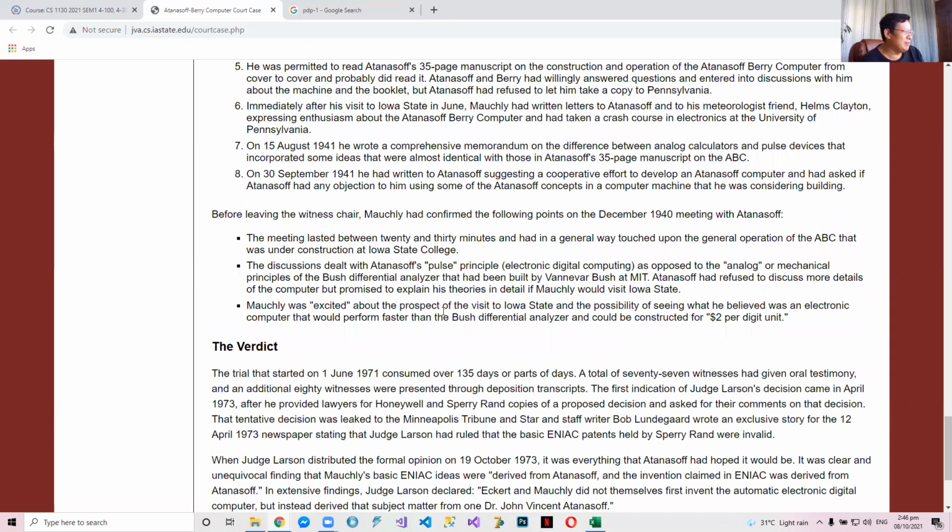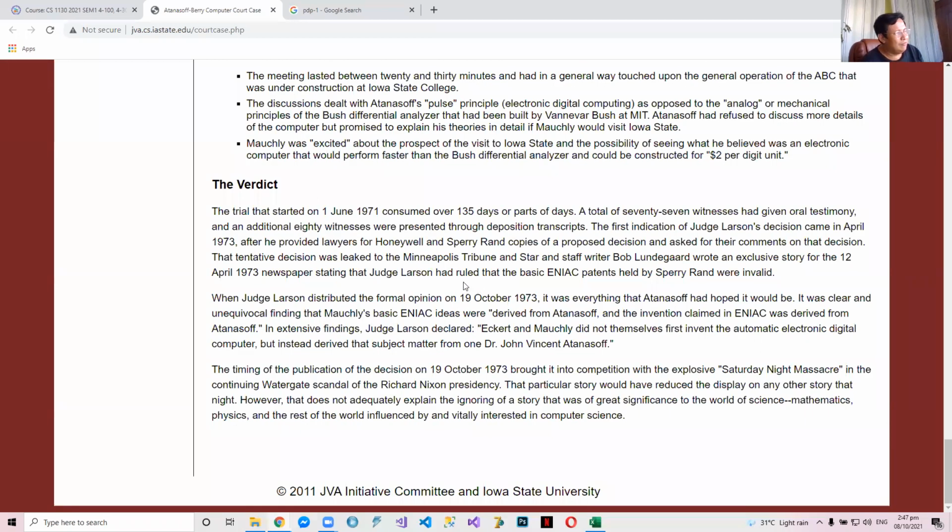So there was plagiarism during those times. It was a sad story that Eckert and Mauchly created a machine without accrediting John Vincent Atanasoff.